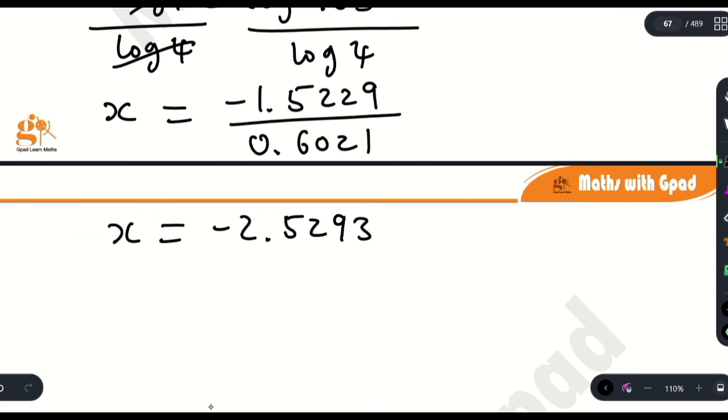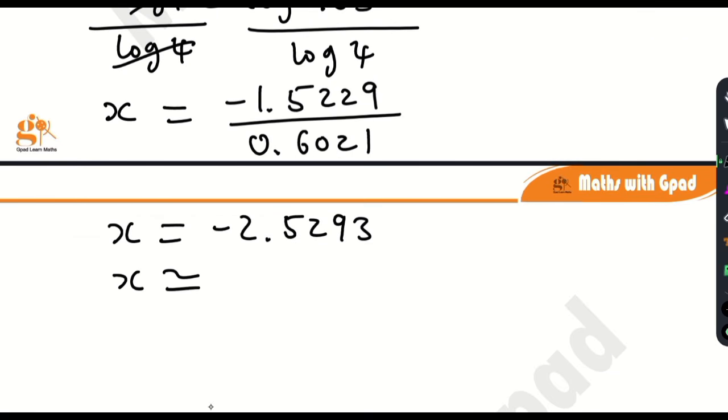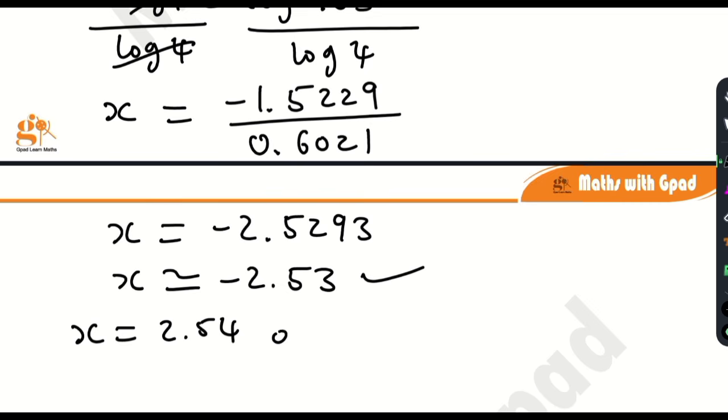Now, approximately, correct to 2 decimal places, negative 2.53. Okay, so we've gotten the two values of x. So x is equal to what was the first one? 2.54, correct to 2 decimal places, or negative 2.53.